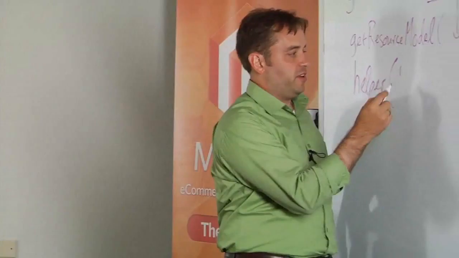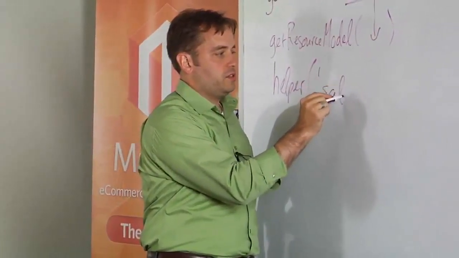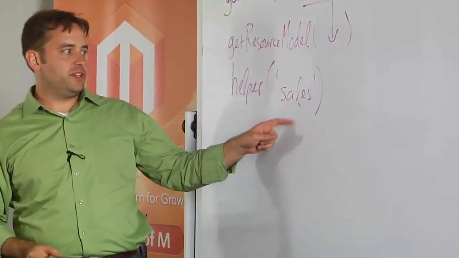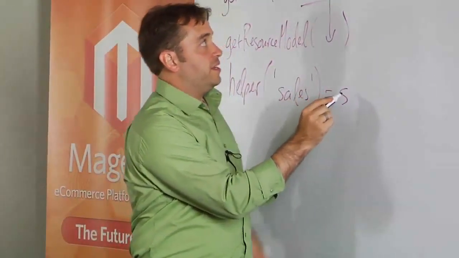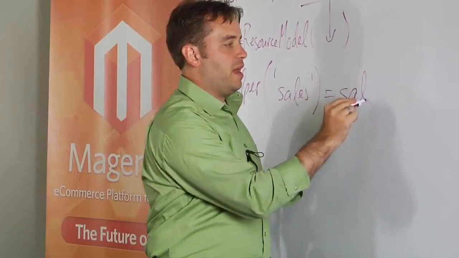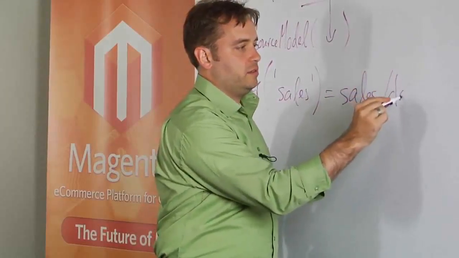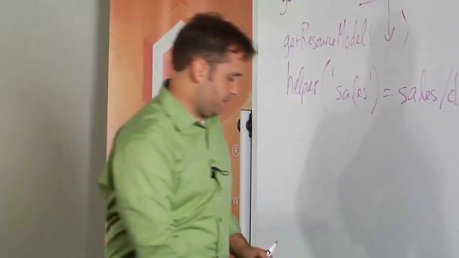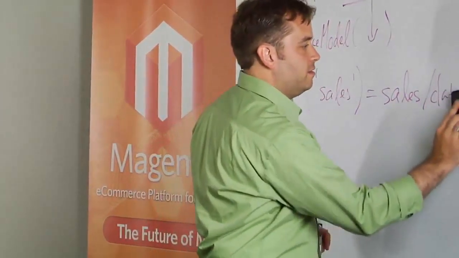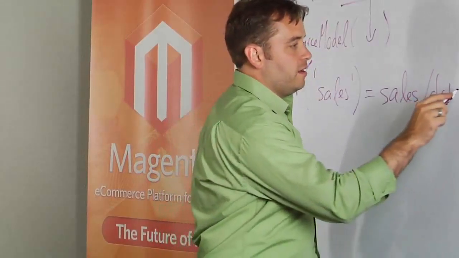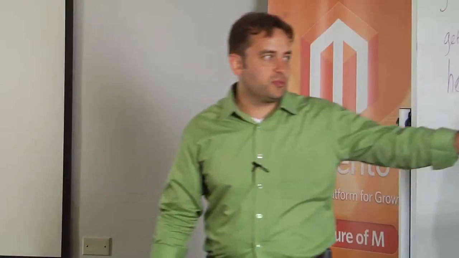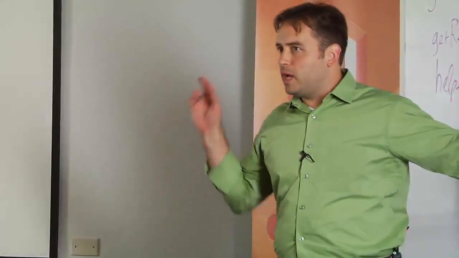You can actually just specify sales. And that, in class group notation, actually maps to sales/data. That's just one of those other things about the system. If you only specify a class group, the system will actually look for a data helper.